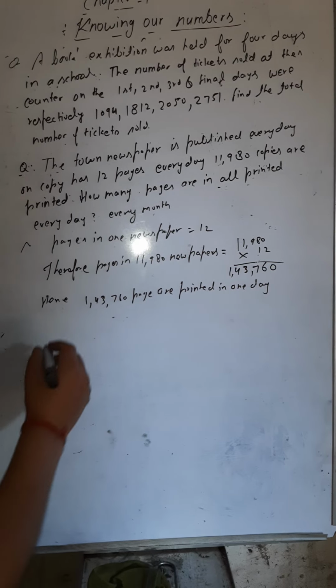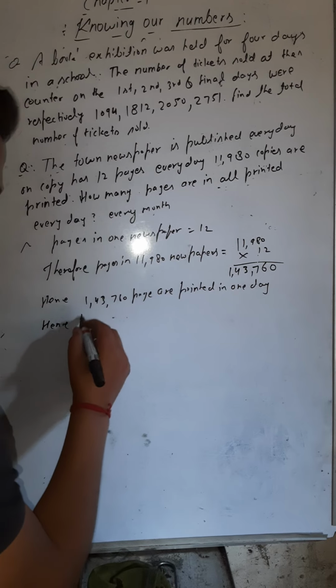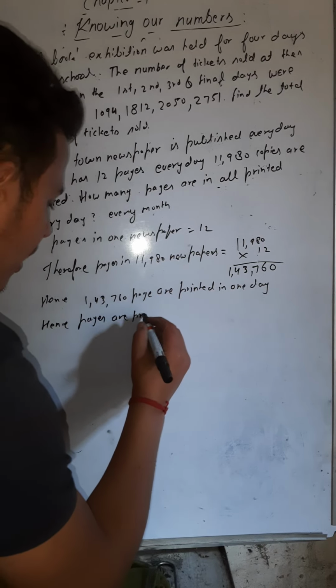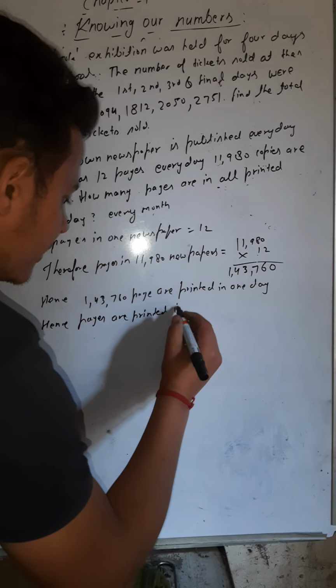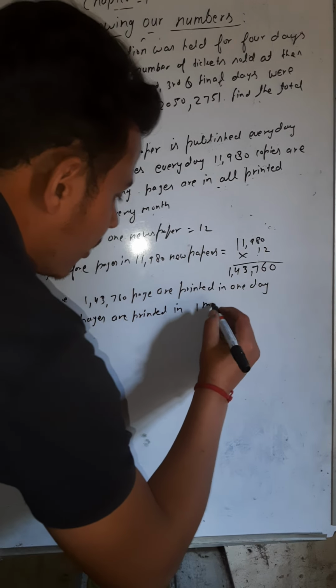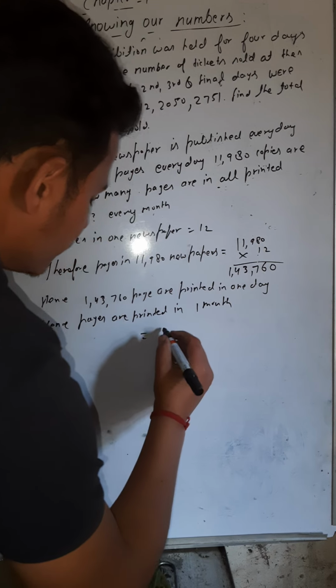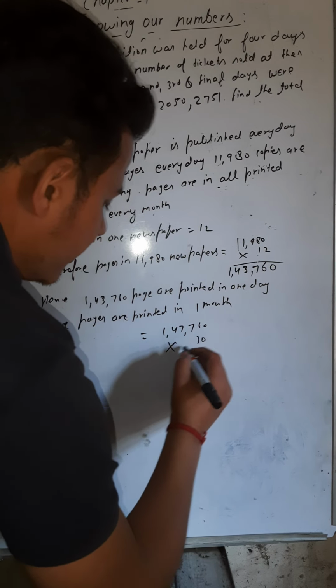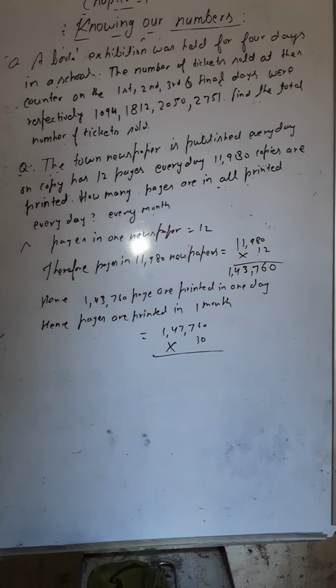Hence pages printed in 1 month is equal to 1,43,760 multiplied by 30. Whatever answer comes, that will be your final answer.